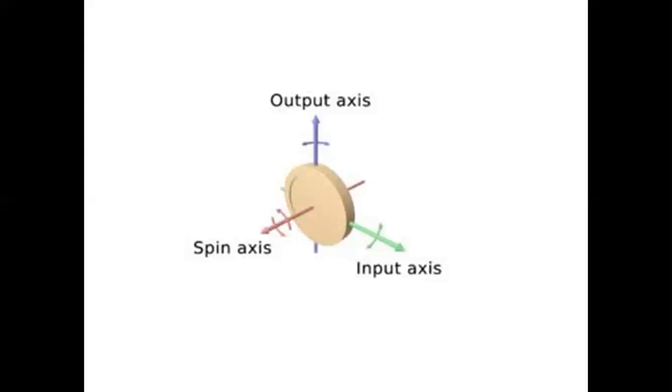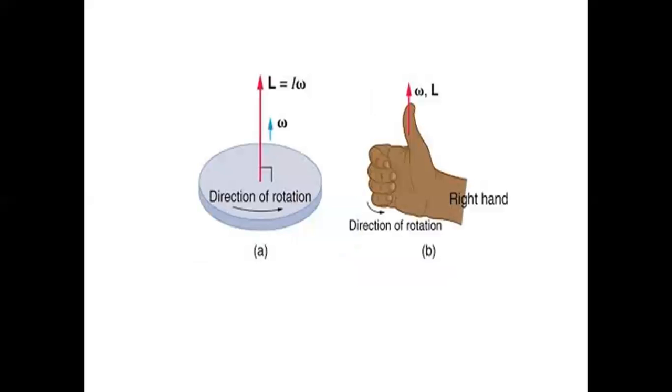So that is called as a gyroscopic effect. Now there is one rule to find what is the effect of gyroscopic couple. That rule is called as the right hand rule.